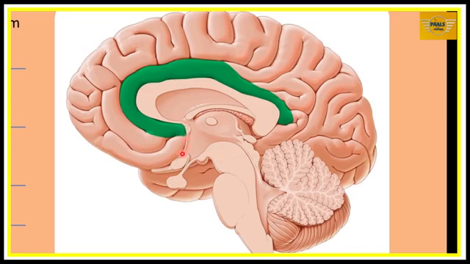Now, this structure begins below the rostrum of the corpus callosum and curves around in front of the genu and extends along the upper surface of the body. Here is the body of the corpus callosum, moving down towards the splenium of the corpus callosum. From here, it will continue as the parahippocampal gyrus, where it will be joined by the isthmus.